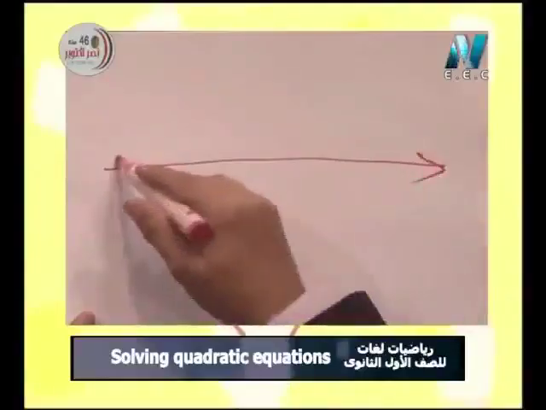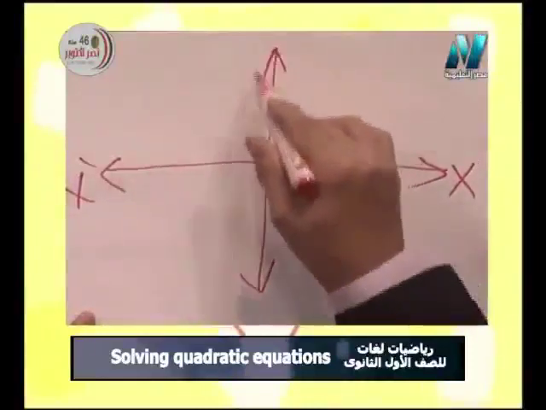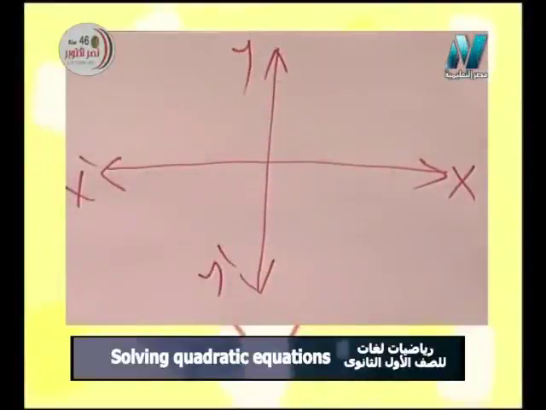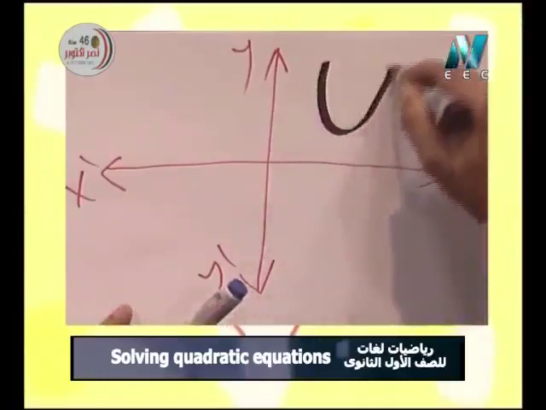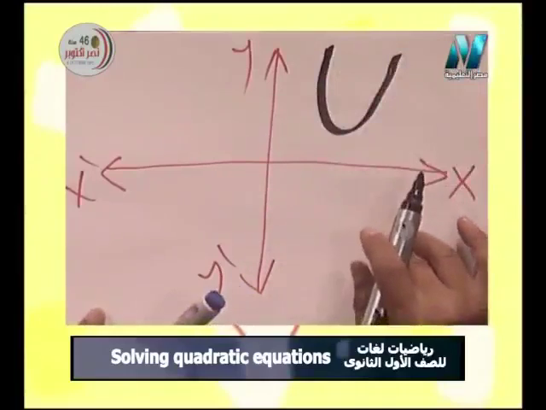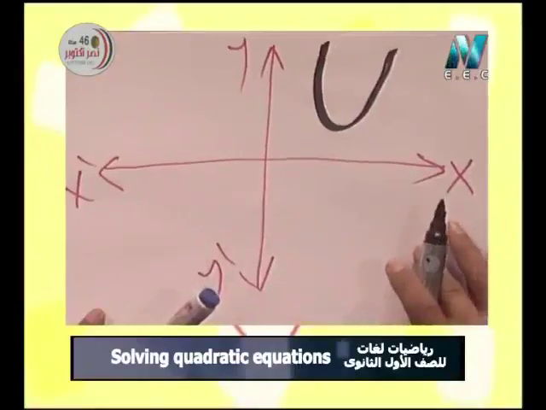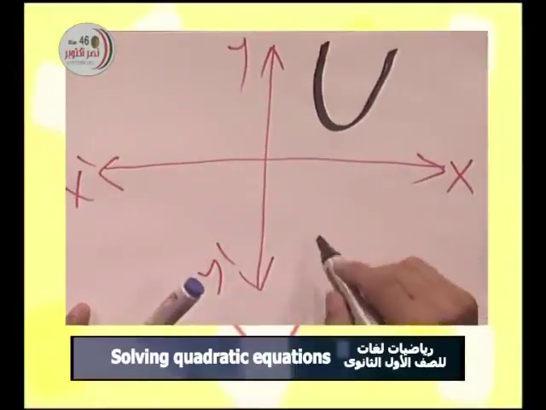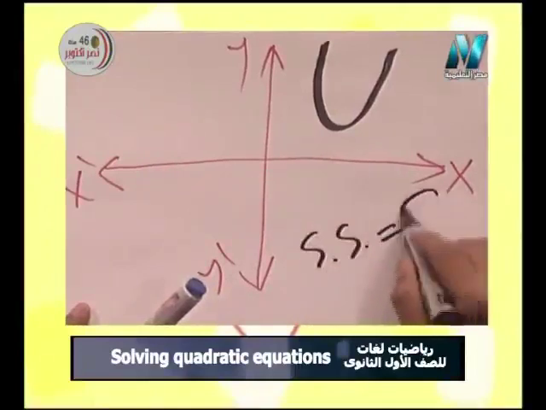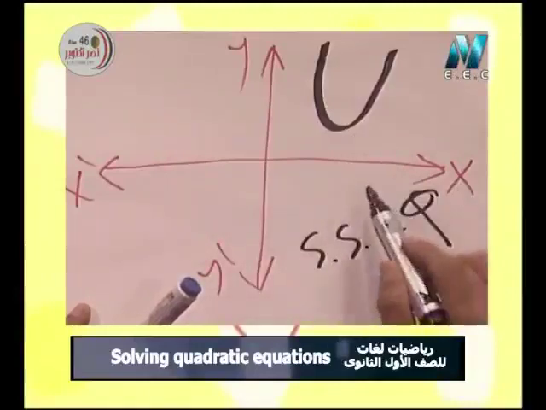Okay, we are going to another parabola. If we draw the x-axis like that and the y-axis, y and y dash, and the parabola takes this figure. Here we have no intersection point with the x-axis, so the solution set in this case equals phi, because the parabola doesn't intersect the x-axis at any point.